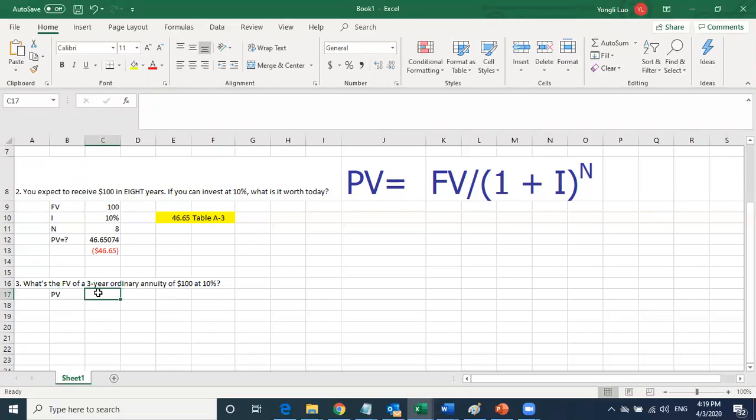You have an annuity payment of $100, which occurs repeatedly, not just one time. The interest rate is 10%, and the number of time periods is 3.